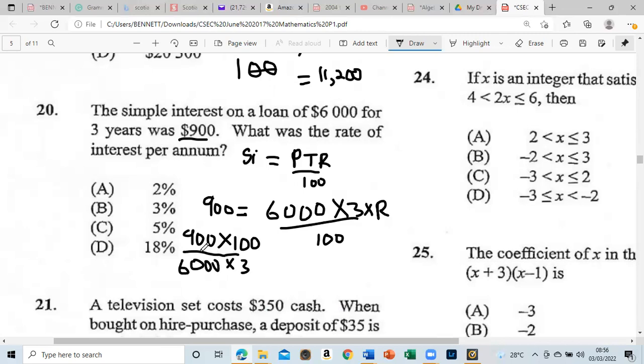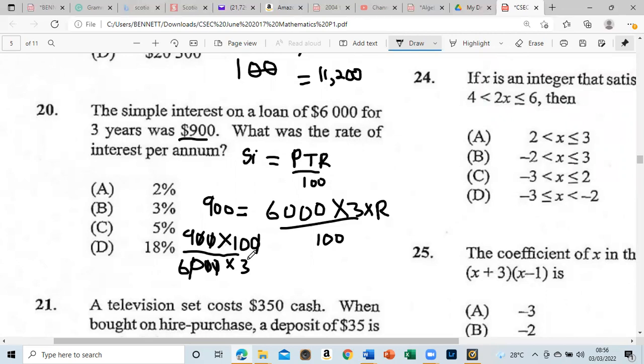All right, we could take off the zeros. Let me see how many zeros there are: 1, 2, 3, 1, 2, 3. All right.